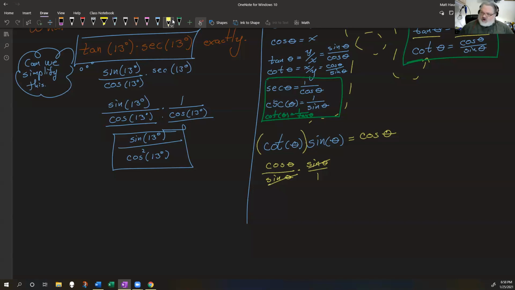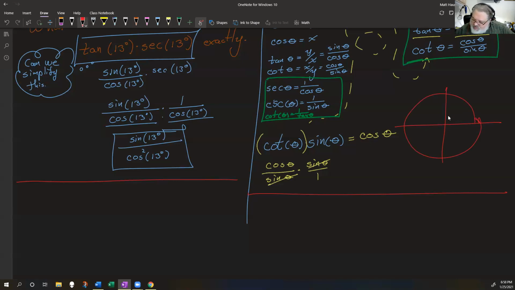There is one more major identity I want us to look at before we trundle off today. I said these were our unit circle definition. Based on our circle, if we know the X and Y coordinates of the point of intersection with a ray at a particular angle on a circle of radius 1, our cosine was the X value, our sine was the Y value, and so on.